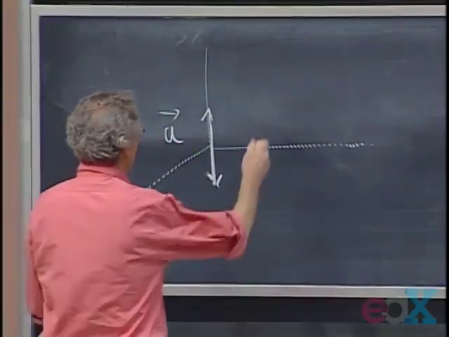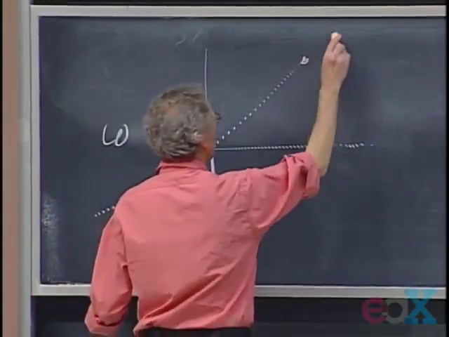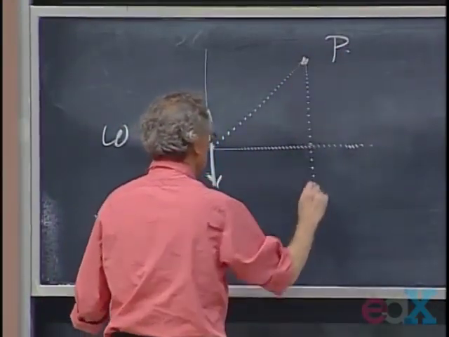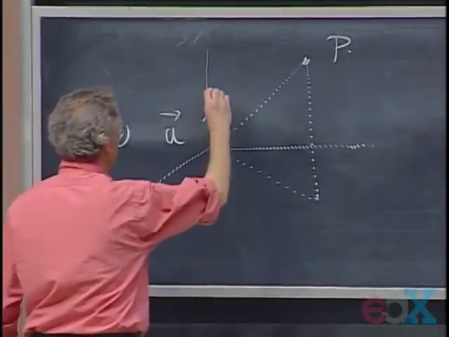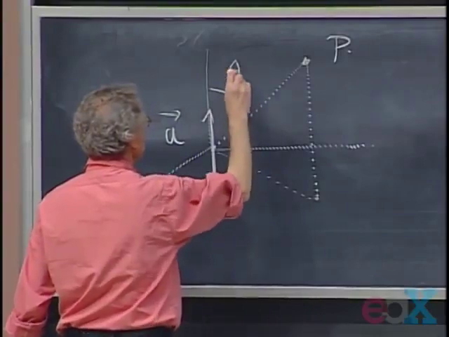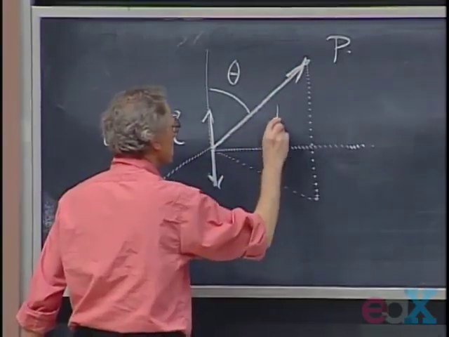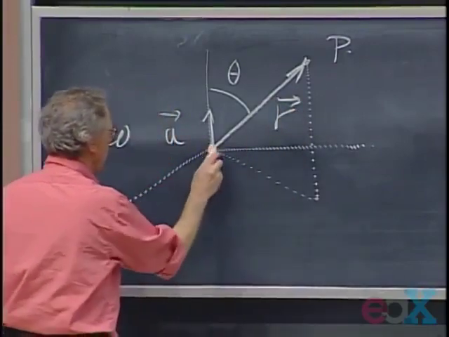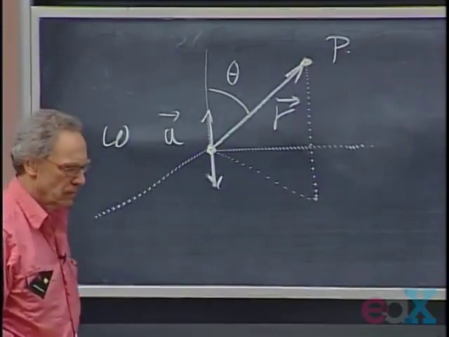And we are somewhere in space here, and we receive electromagnetic radiation. We are at point P, like to make you see it three-dimensionally. And let this angle be theta, and this is the position vector r from the origin of the oscillating charge to where you are. You are at point P.